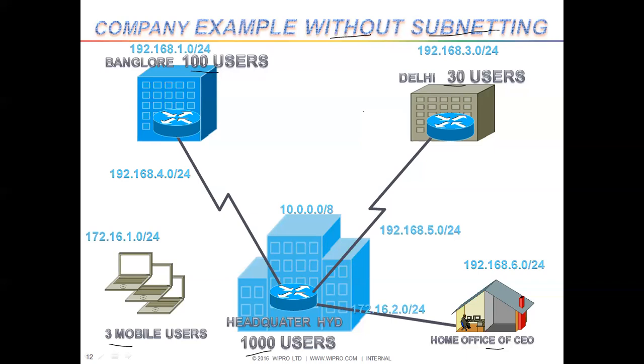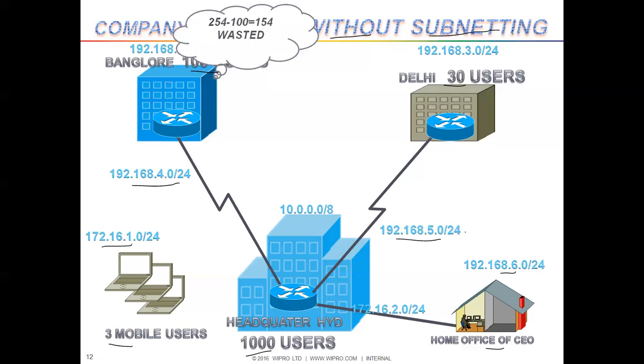Whatever IP address you take, 192.168.1.0 /24 is one network, and 3.0. Between Bangalore and Hyderabad headquarters there is a WAN link, 192.168.4.0 and 192.168.5.0, and all are different networks. So how many networks? 1, 2, 3, 4, 5, 6, 7, 8 networks are in this diagram.